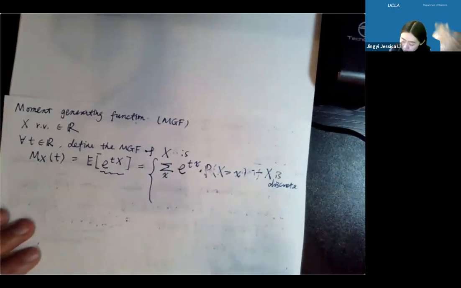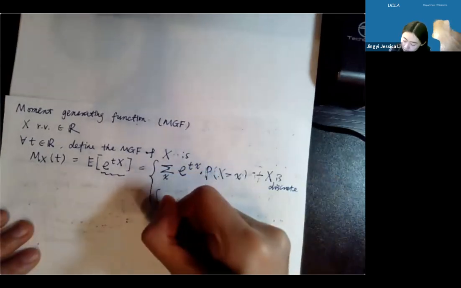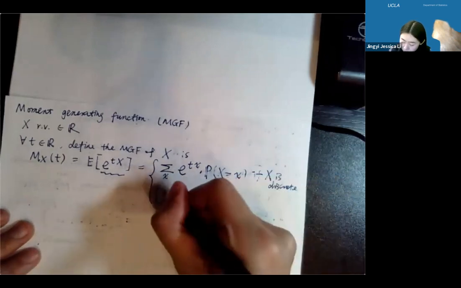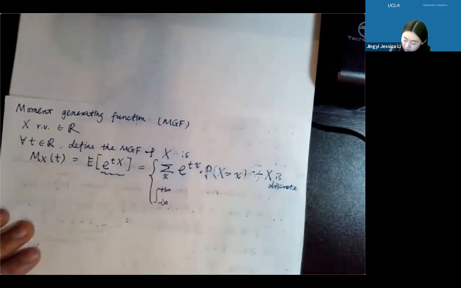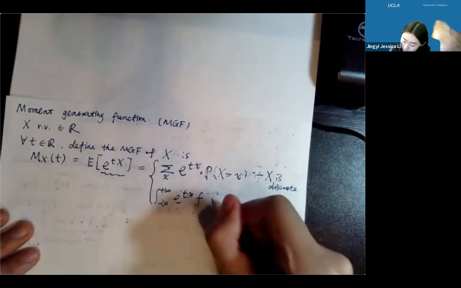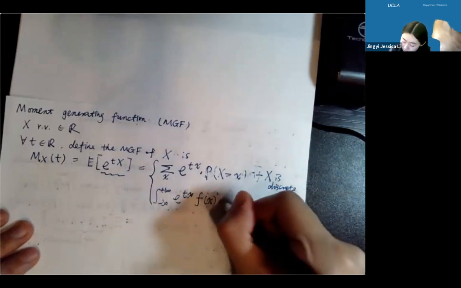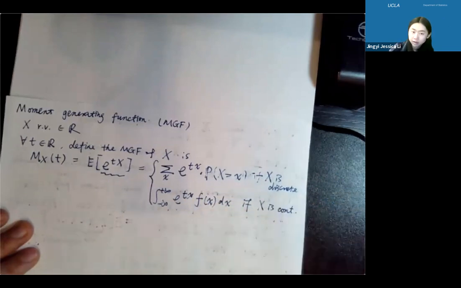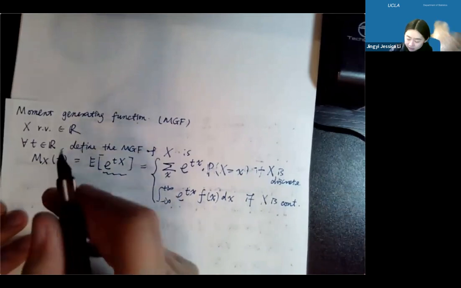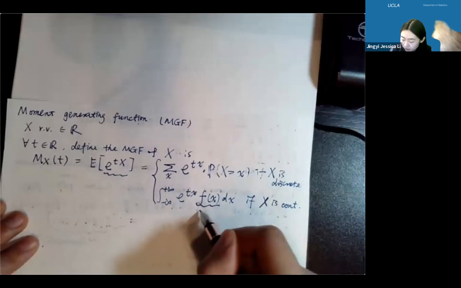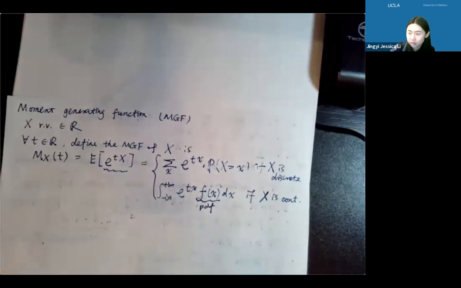And if x is continuous, we will do the integration. So this one I can just write negative infinity to positive infinity, since it's the real line, of e^(tx) times the density function f_X(x) dx if x is continuous. And I forgot to say that if it's continuous, we just assume the PDF to be f. So we'll use this notation consistently. So you know, when we write small f_X, it means the density function.